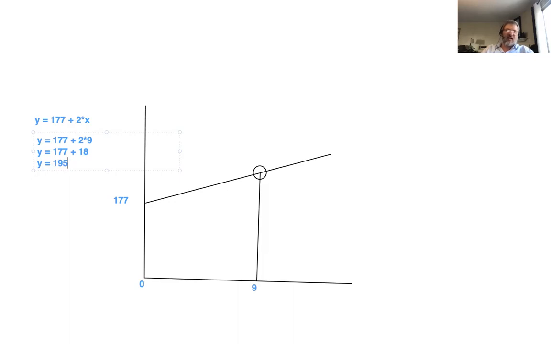If you guys see me make any calculation errors, stop me. So now we can use our trapezoid area formula. We have one base is 177 plus the other base is 195, and we divide that by 2 to take the average of those two. And then we multiply by 9.